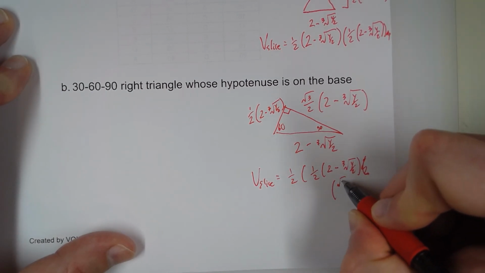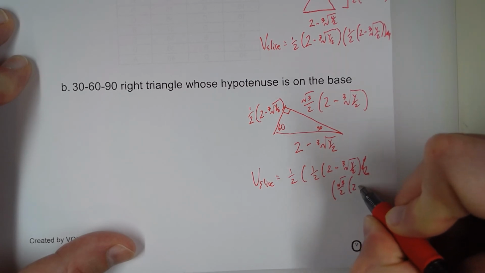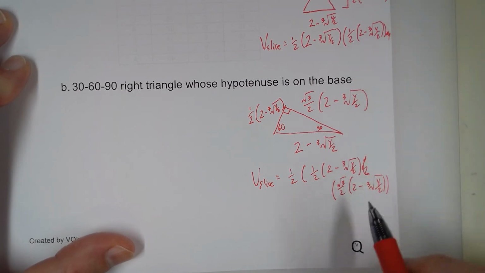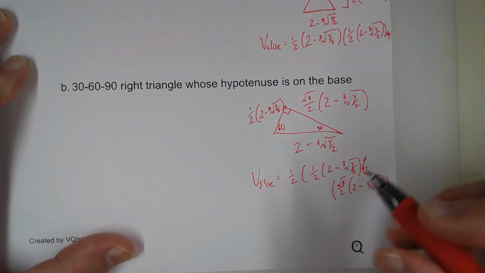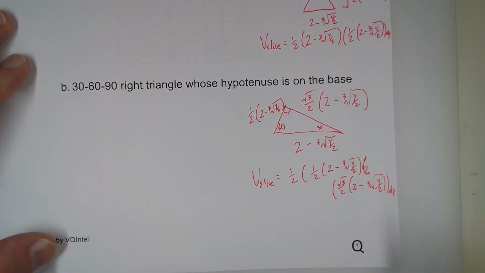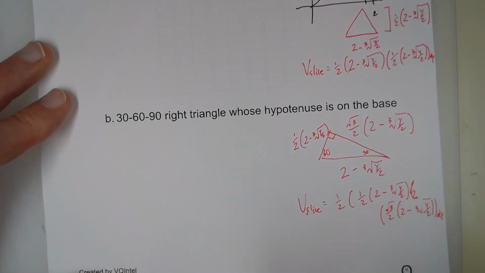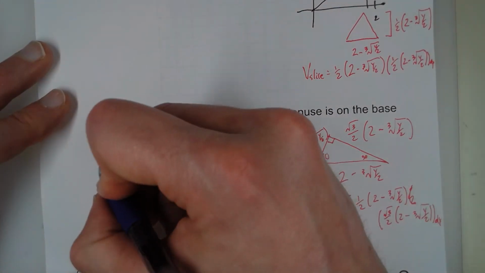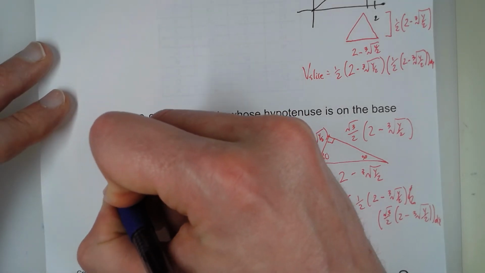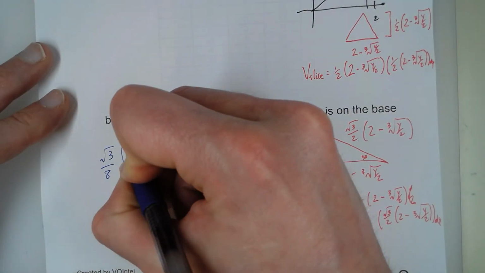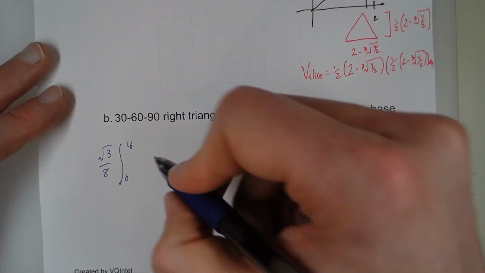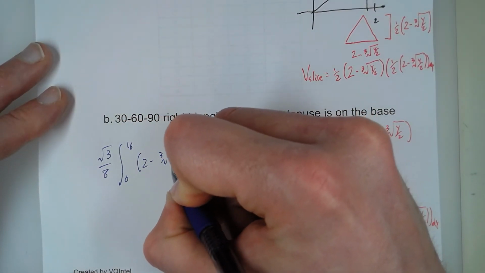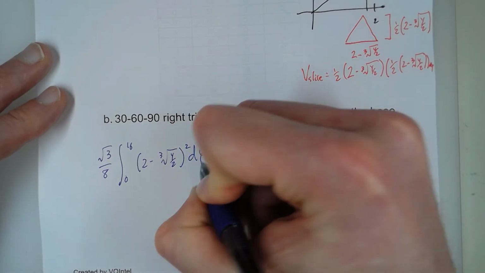So that's square root of 3 over 2 times 2 minus the cube root of y over 2 times dy. So now we multiply these three. And so we get 1/2 times 1/2 times square root of 3 over 2. So that's square root of 3 over 8. We get 0 to 16. And then we have 2 minus the cube root of y over 2 squared dy.